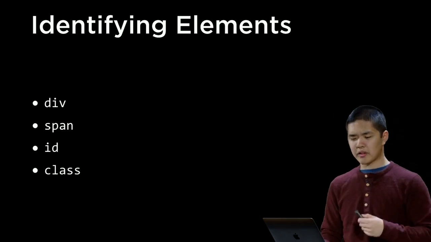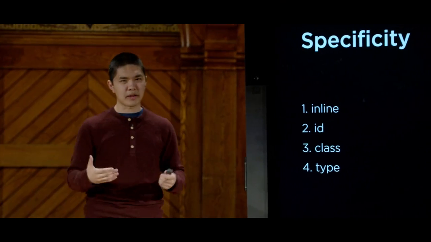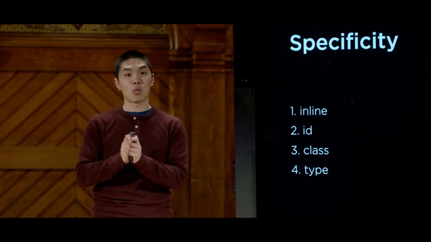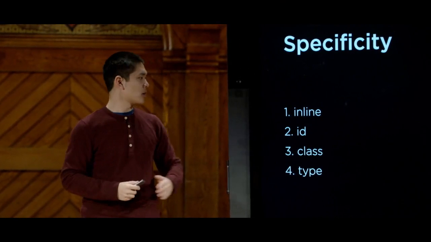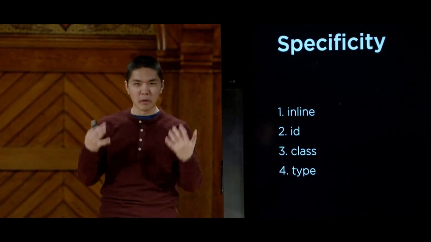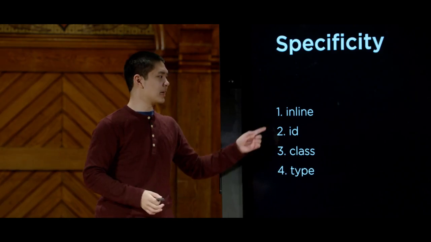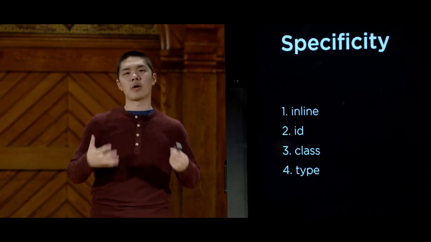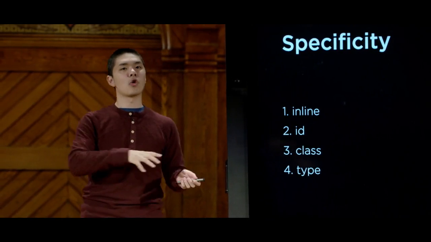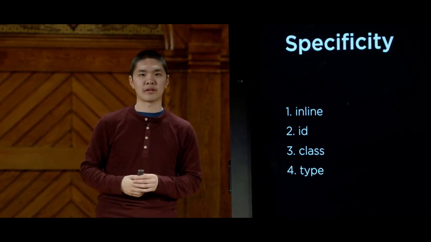And this often happens when we start to add IDs and classes to our elements as well. So when we deal with specificity, it goes in a particular order. There's an order of precedence that we can follow for determining what style should ultimately be applied to any particular element. The first, most powerful, most specific way of referencing an element is inline styling, literally adding a style attribute to our HTML elements the way we did way at the beginning when we were first taking a look at CSS.